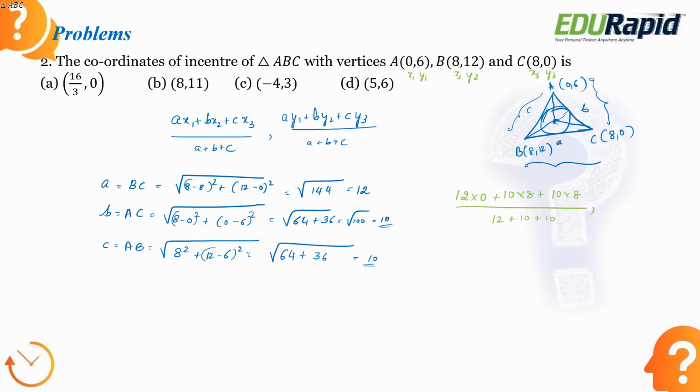Similarly, 12 into 6 plus 10 into 12 plus 10 into 0, divided by 12 plus 10 plus 10. This gives you the coordinates 80, 80, 160 divided by 32 and 192 divided by 32. Is it divisible by 32?